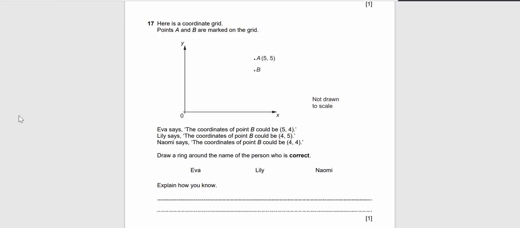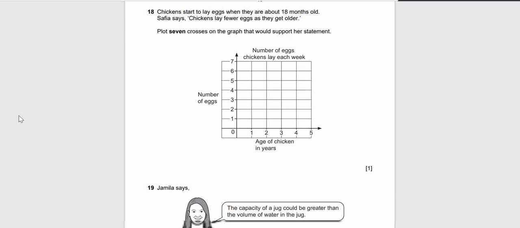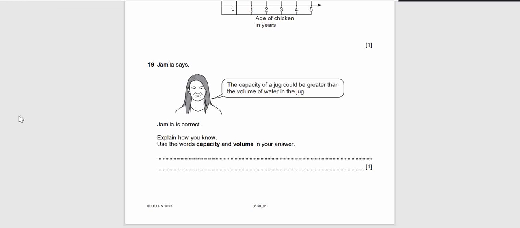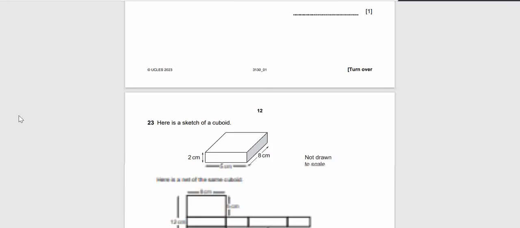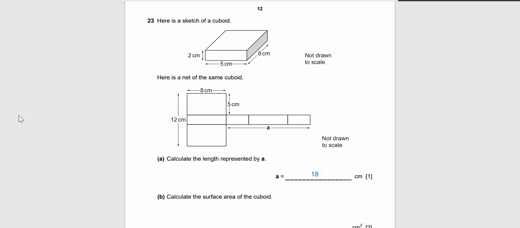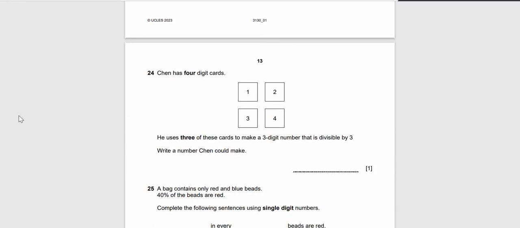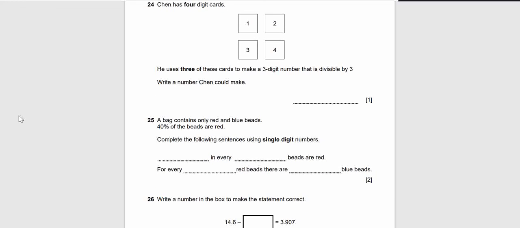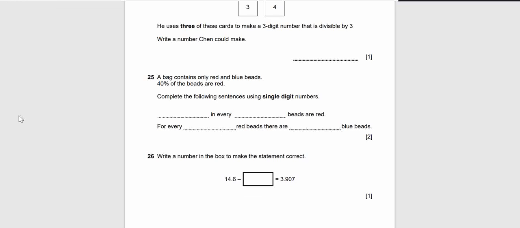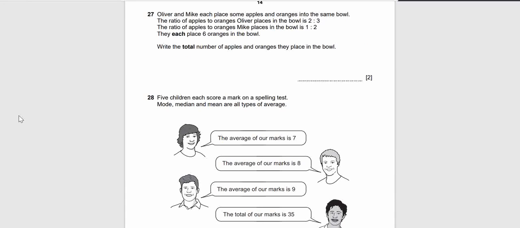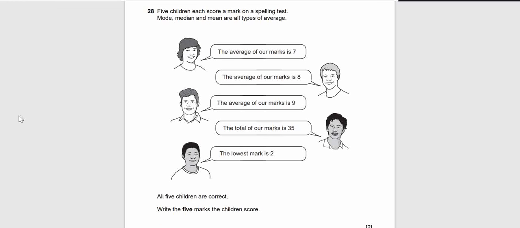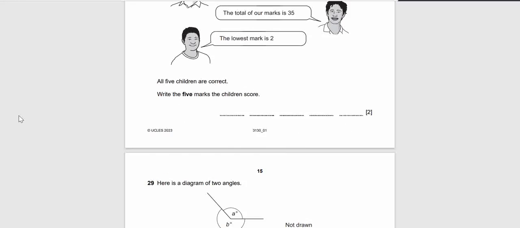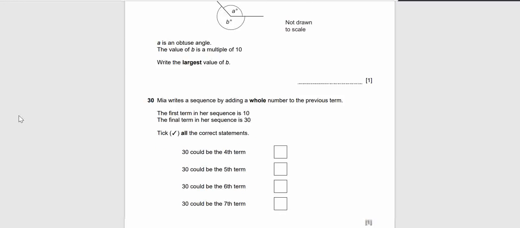And next is question 18, 19, 20, 21, and 22, and 23, A and B, and 24, 25, and 26, and 27, 28, 29, and 30.